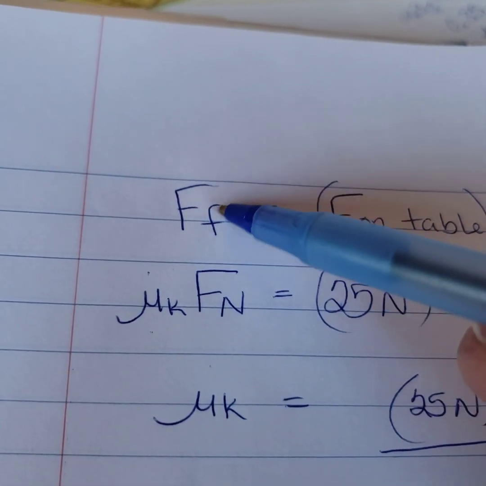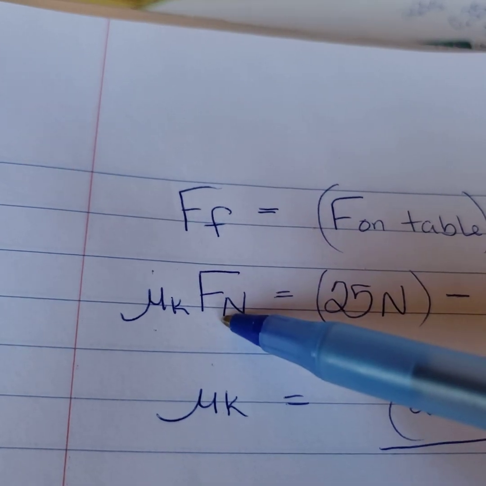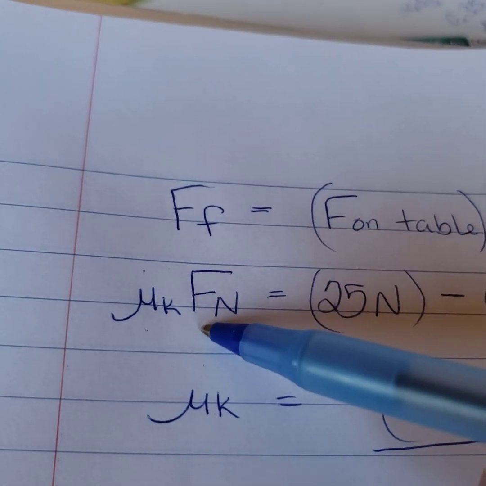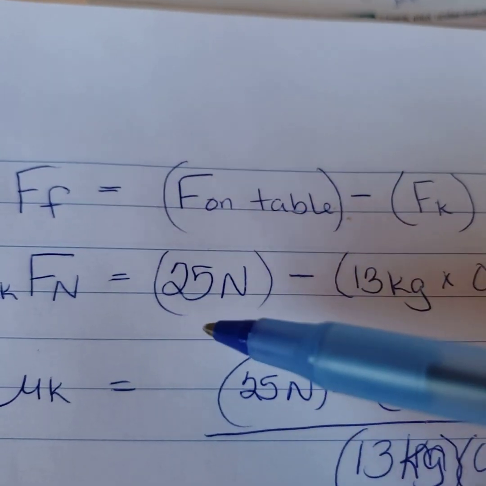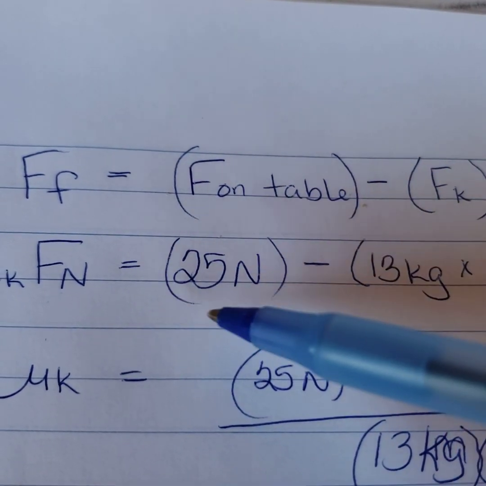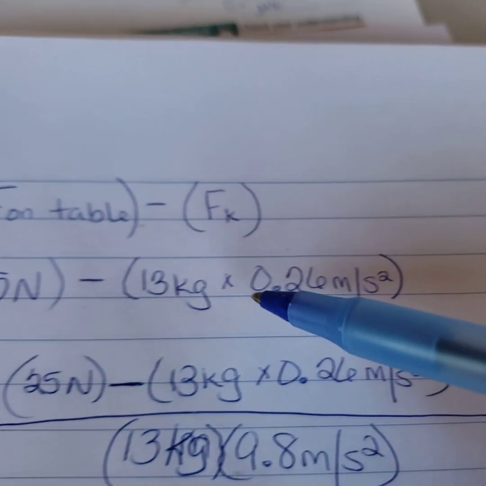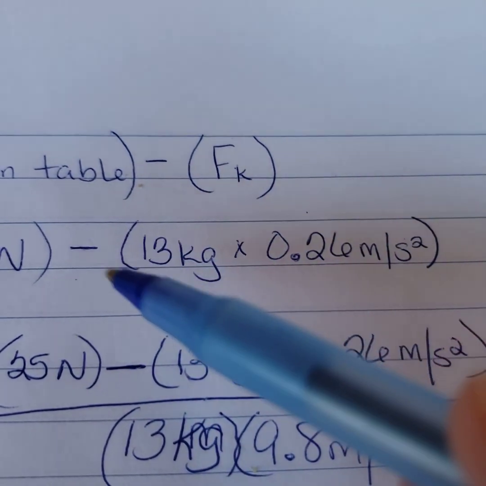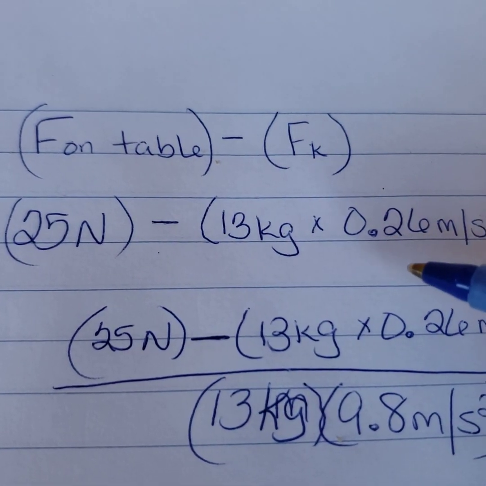So instead of writing this, I'm going to substitute the actual formula. So bear with me. Now this is going to equal my applied force to the table minus the weight of the table, because I've got these 2 forces that I have to contend with.